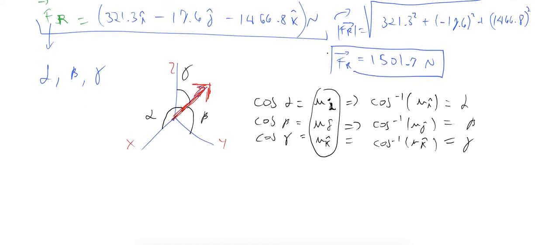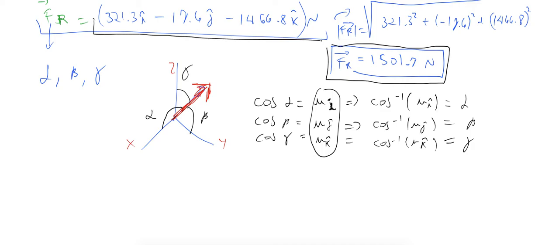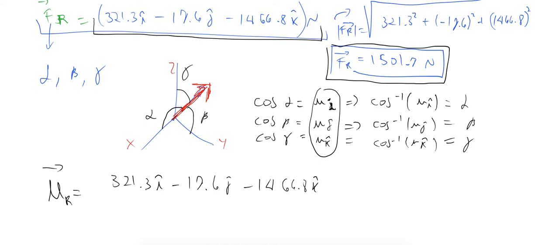So we have the magnitude, right? This is what we're going to need, because remember, the unit vector, which I'll call unit vector R for resultant, is going to be equal to 321.3 I minus 17.6 J minus 1466.8 K, all divided by the magnitude, 1501.7, and this is all in newtons, but it will cancel the units.